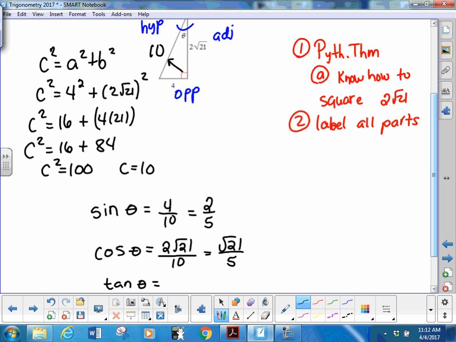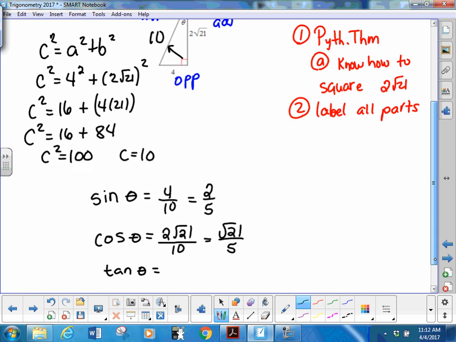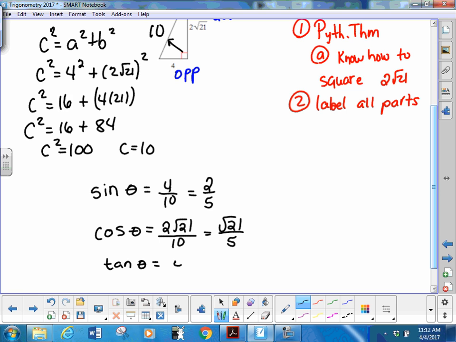Tan of theta is opposite over adjacent. So it'll be 4 over 2 square root of 21, which reduces to 2 over the square root of 21. What now?